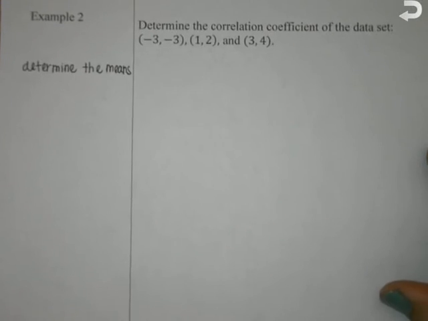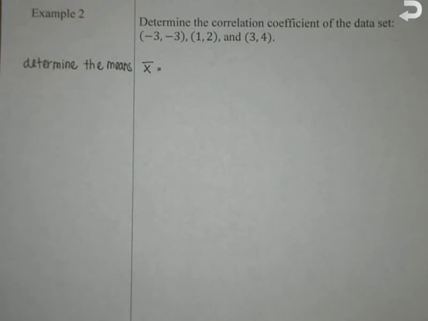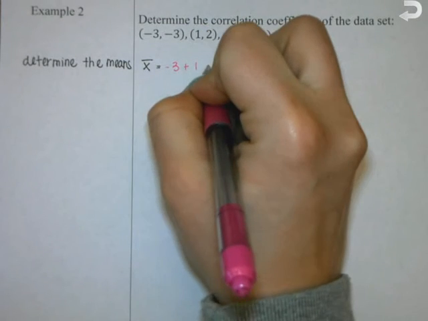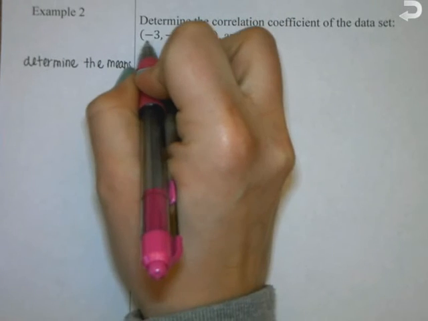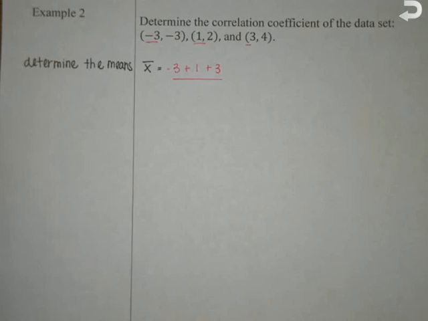Okay, I'm going to put the equation up. X bar means we're going to determine the means of just the X values. So that's going to be -3 plus 1 plus 3, yes? Okay, and then we're going to divide the whole thing by what? By 3.